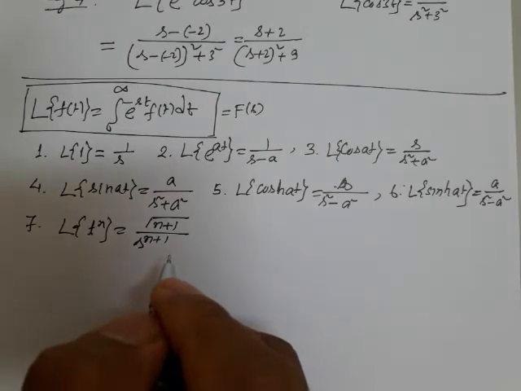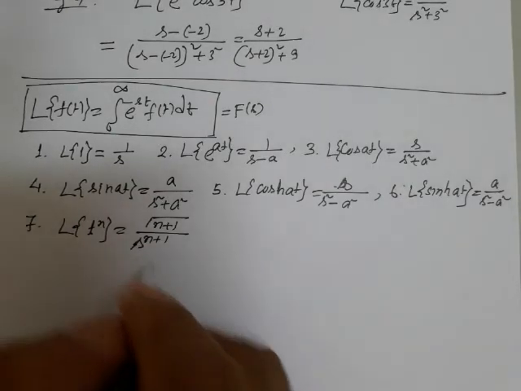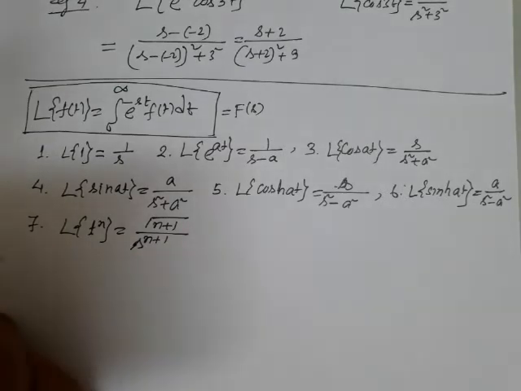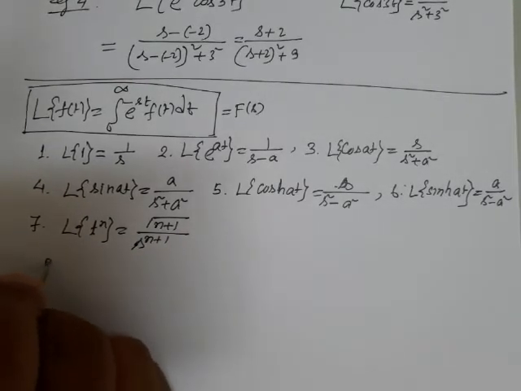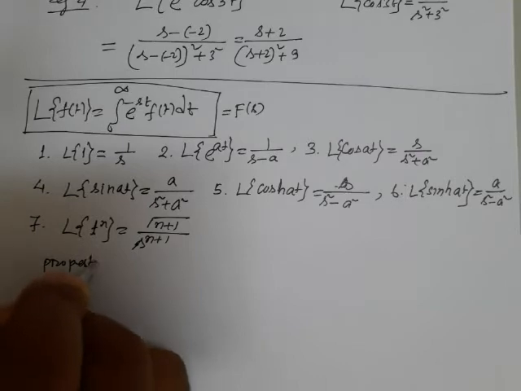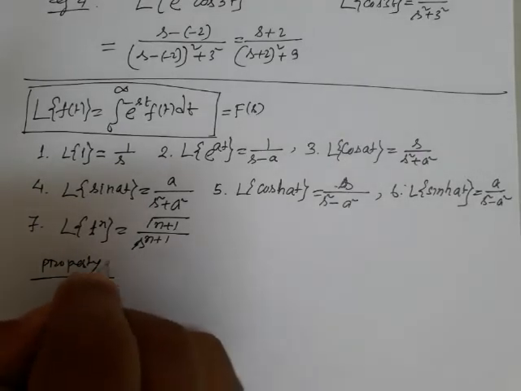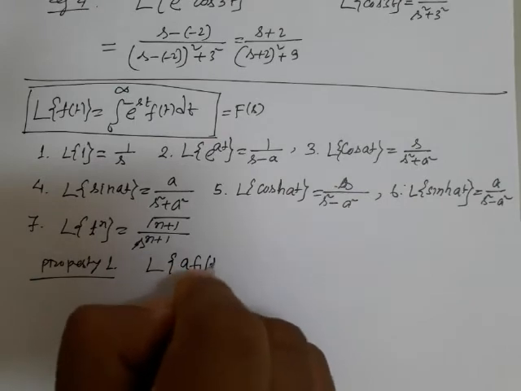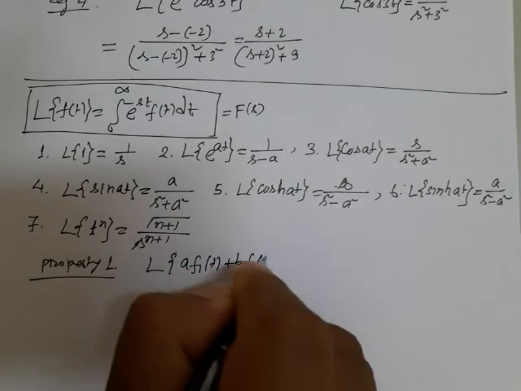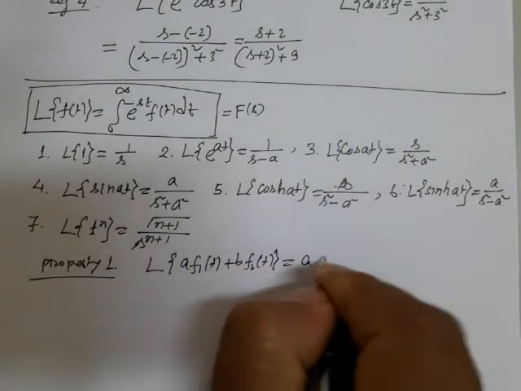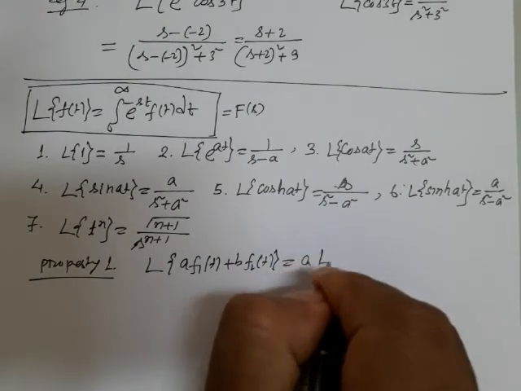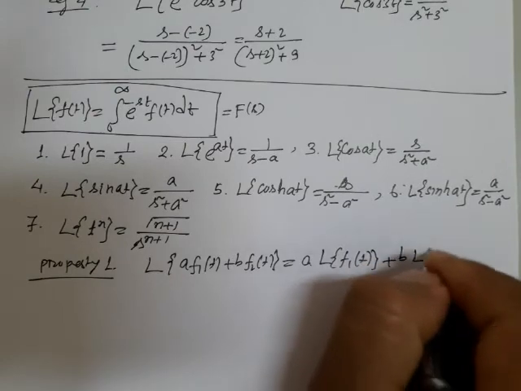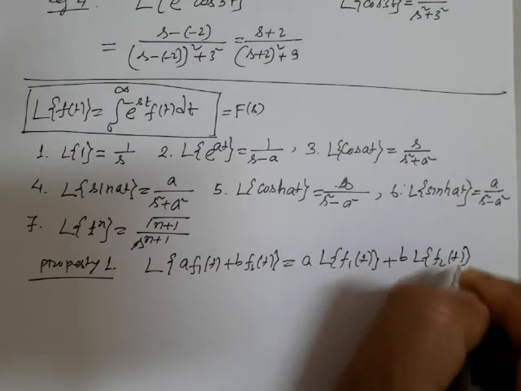Okay, so gamma function you have learned in your first semester. Okay, gamma function, what is gamma function, you have learned in your first semester. And the property 1 is called linear property. The property 1 is L of a f1t plus b f2t equal to a into L of f1t plus b into L of f2t.